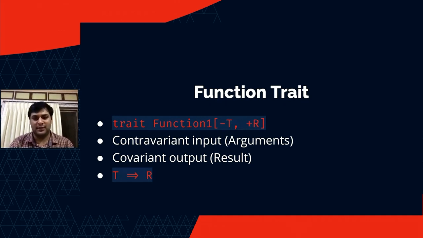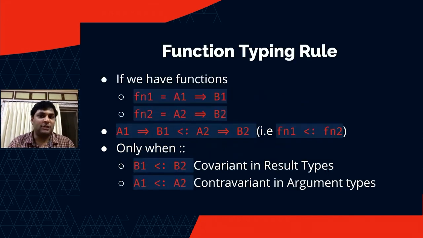I will use input end as equal to argument and output end to result end interchangeably. So let's start with the function typing rule in order to state whether we are contravariant on the input and covariant on the output.